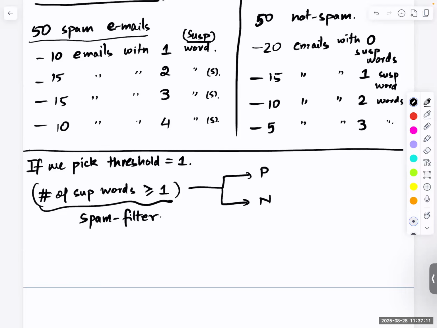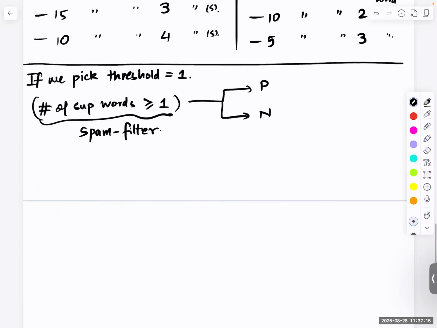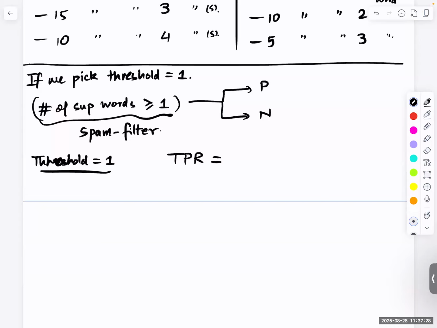So you can calculate what will be the true positive rate. Let's try to do that. This is a threshold of 1. So what is the true positive rate?